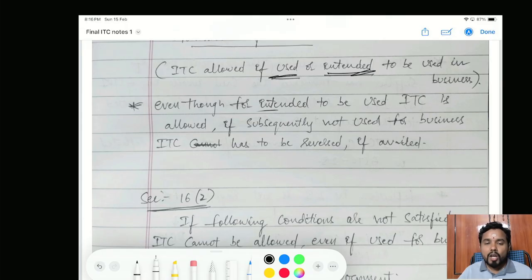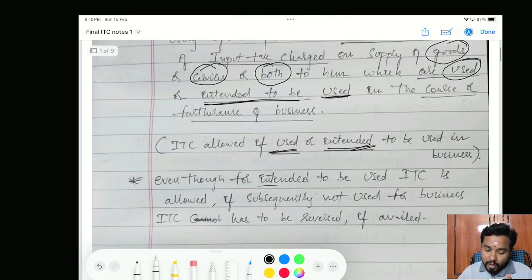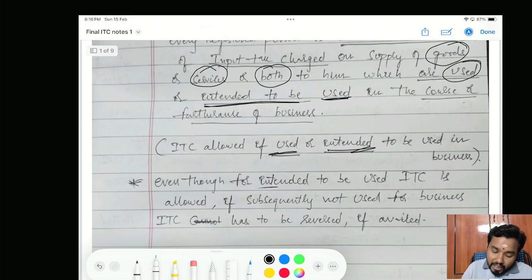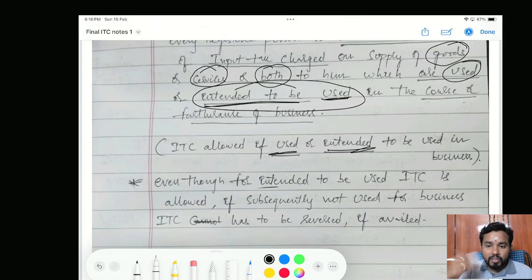For example, today you have purchased some goods. On those goods you have taken ITC. Why have you taken ITC? Because you know that they are intended to be used in the course or furtherance of business. Your intention of purchasing those goods was to use them in the business. That is the reason why you have availed ITC.